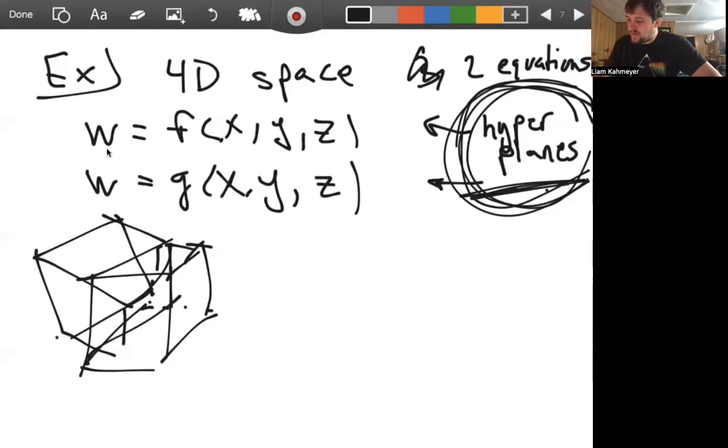Now, we understand that a system of equations is representing a collection of geometric objects, right?